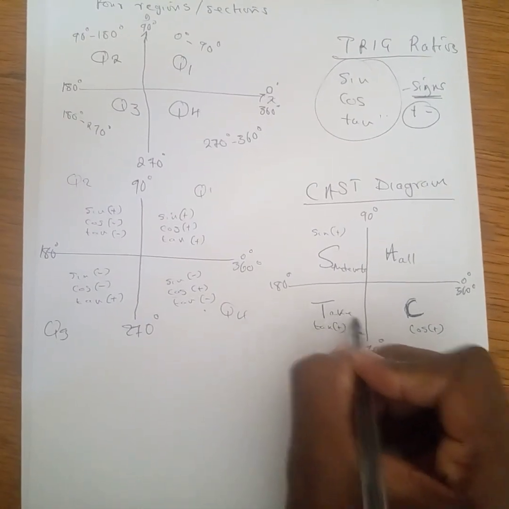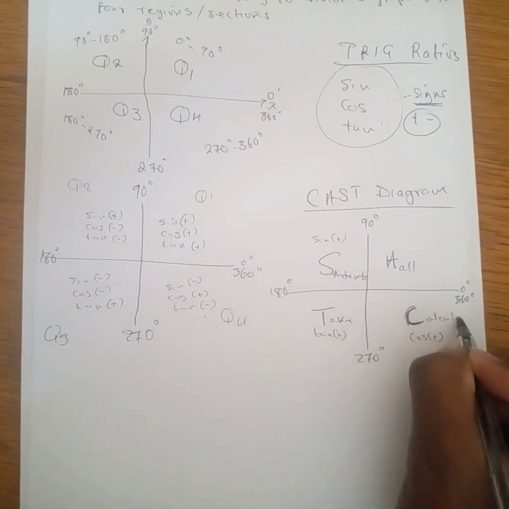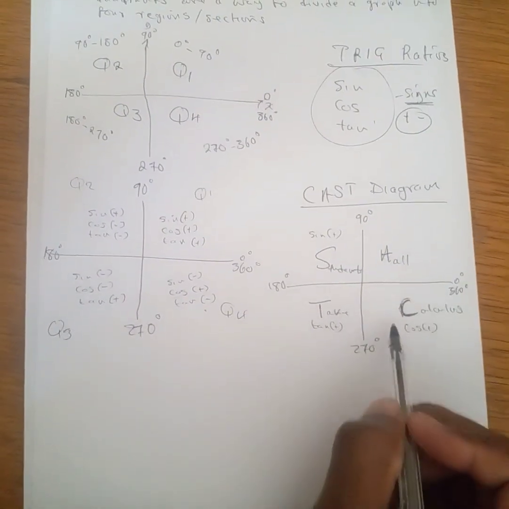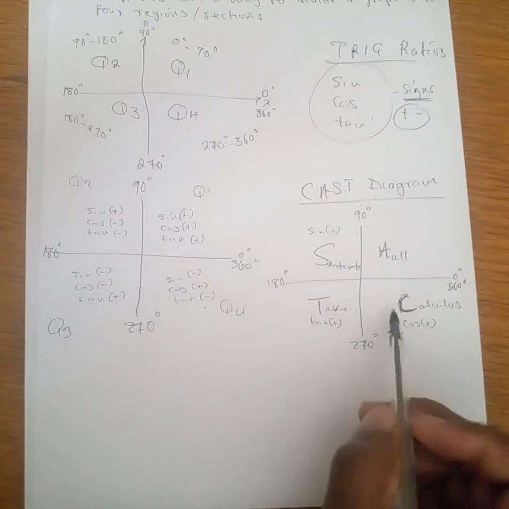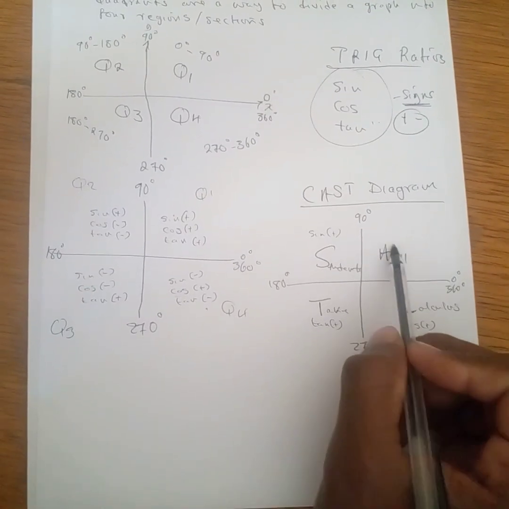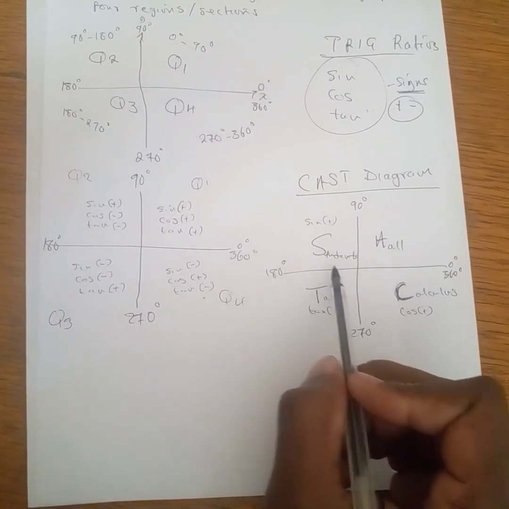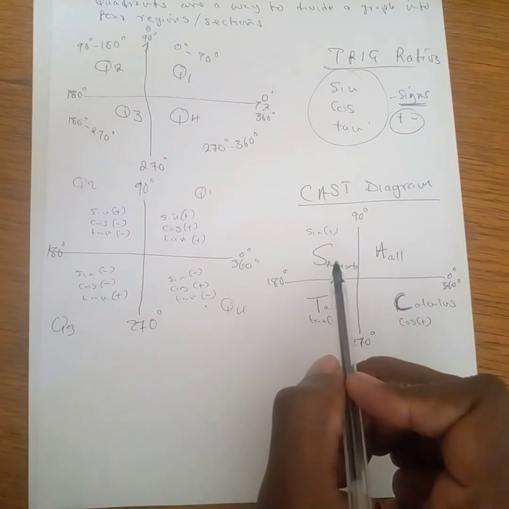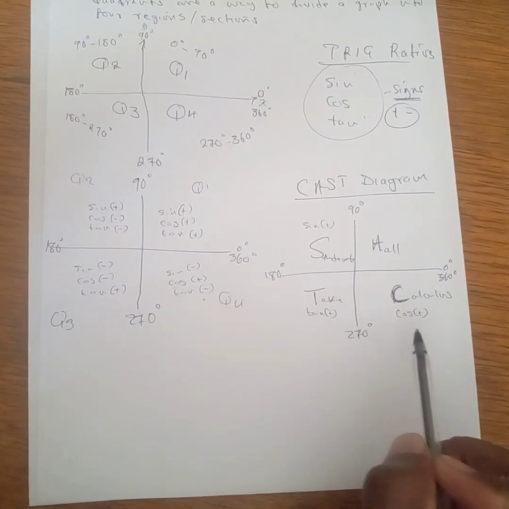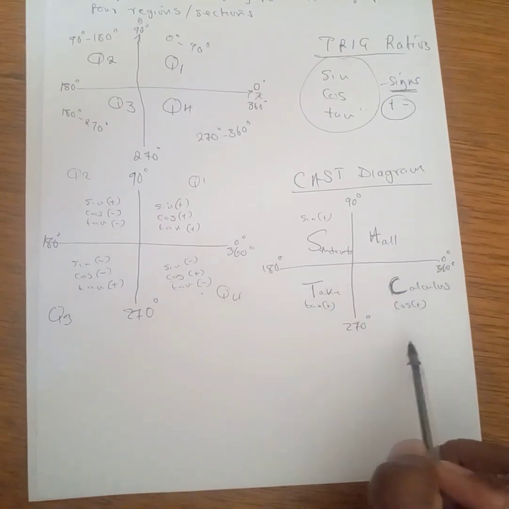All students take calculus. So the cast diagram can also be known as all students take calculus, meaning that in the first quadrant, all the ratios sine, cos, and tan are positive. In the second, only sine is positive. In the third quadrant, only tan is positive. And in the fourth quadrant, only cos is positive.